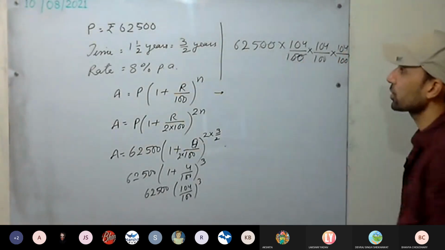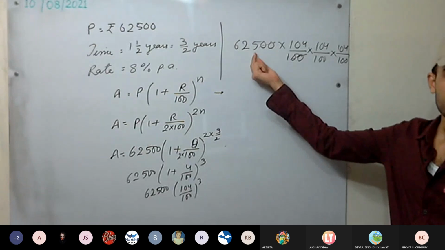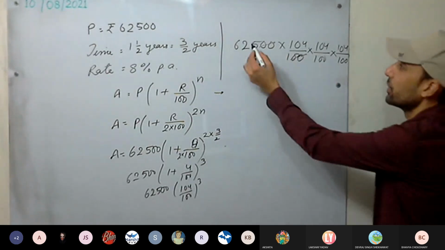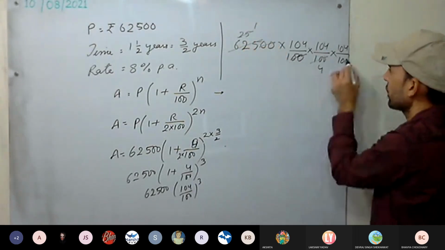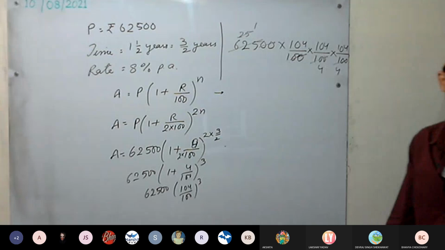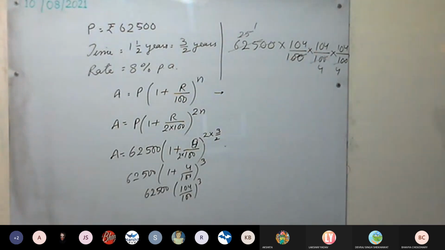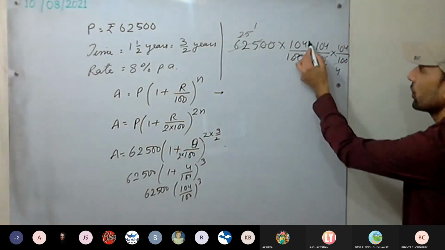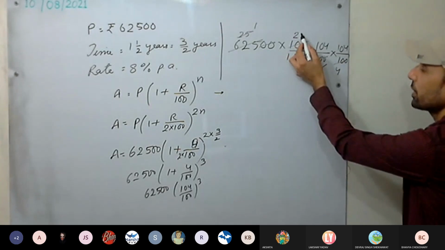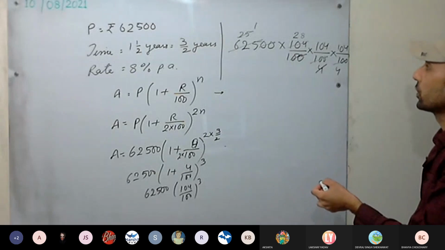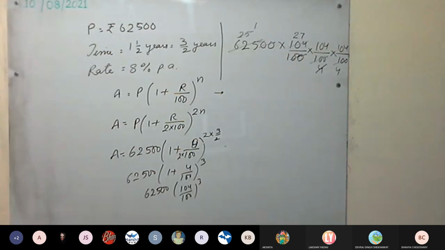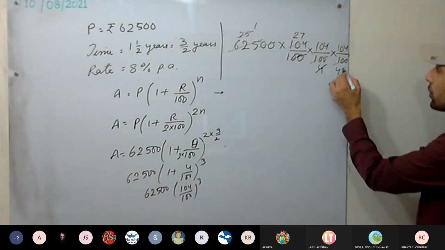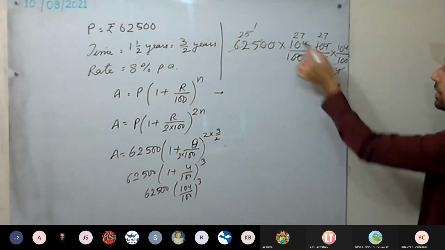Two zeros get cancelled. 625 into 26 into 26 into 26. 25 into 25, 4, 25, 1, 4. 4 ones are 4, 4 twos are 8, 24. 4 sevens are 28. Multiply them.